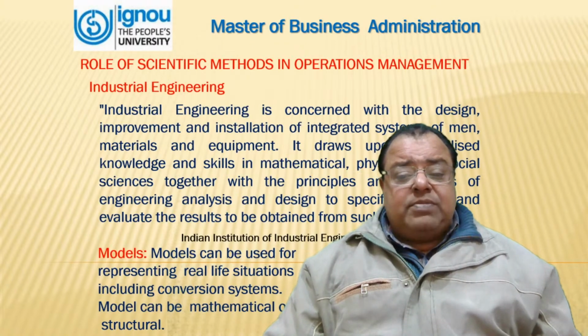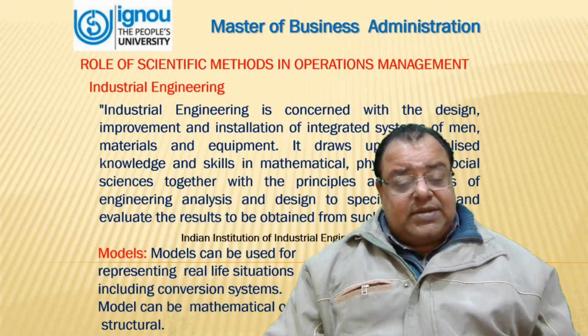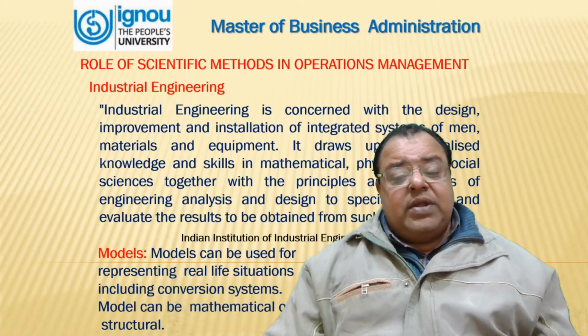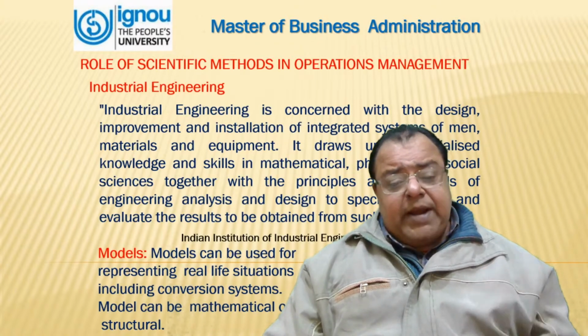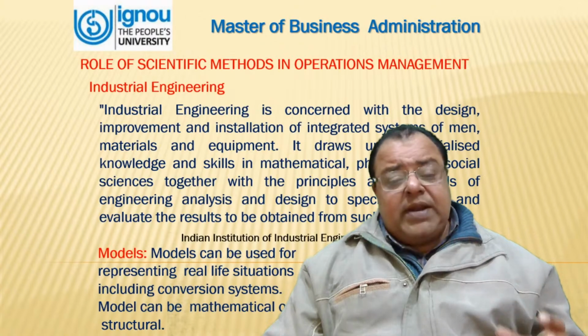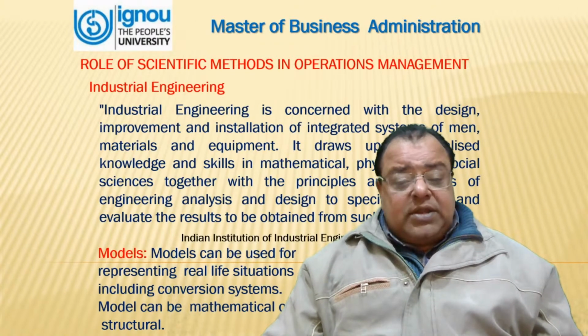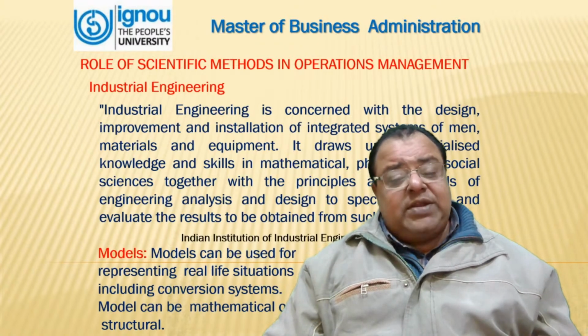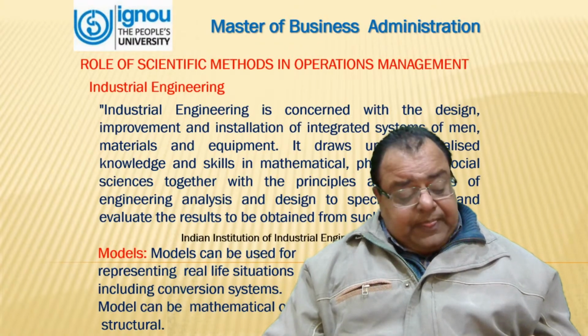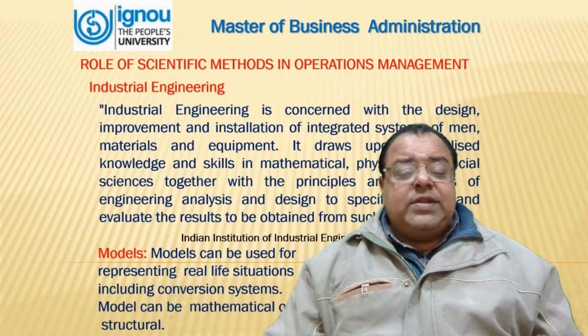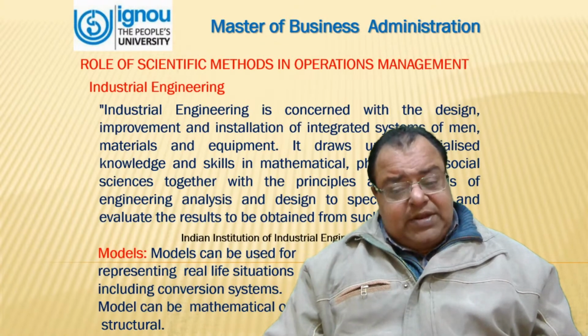It draws upon specialized knowledge and skills of mathematical, physical, and social science together with the principles and methods of engineering analysis and design to specify, predict, and evaluate the results to be obtained from such systems. This is the basic definition provided by the Indian Institute of Industrial Engineering.